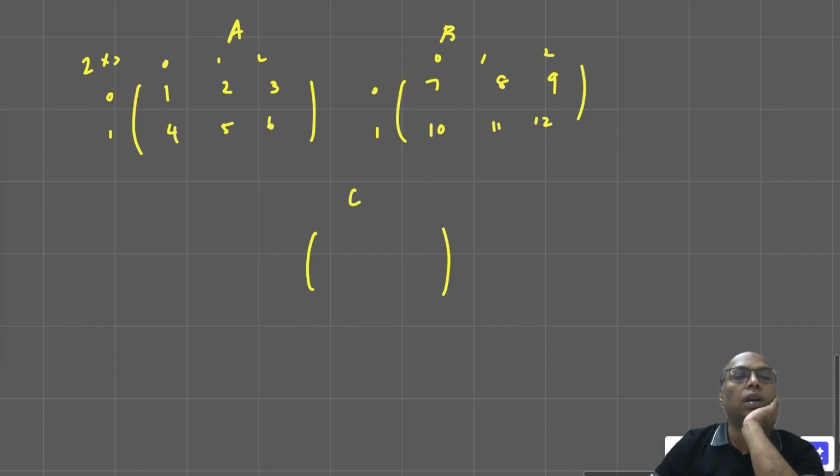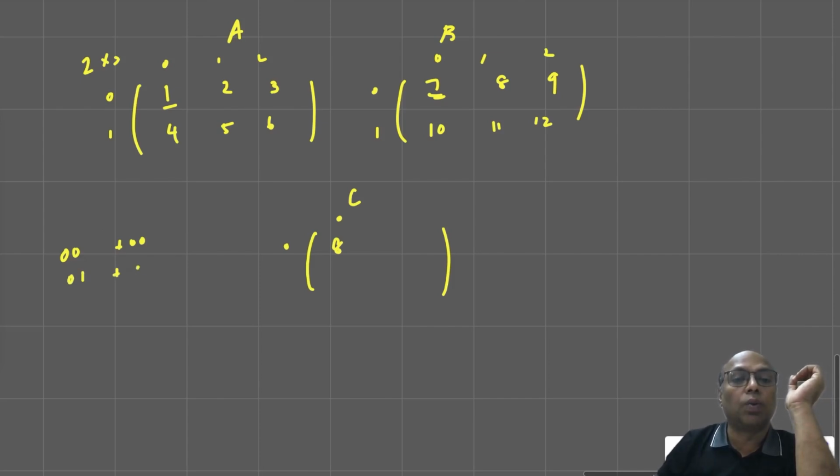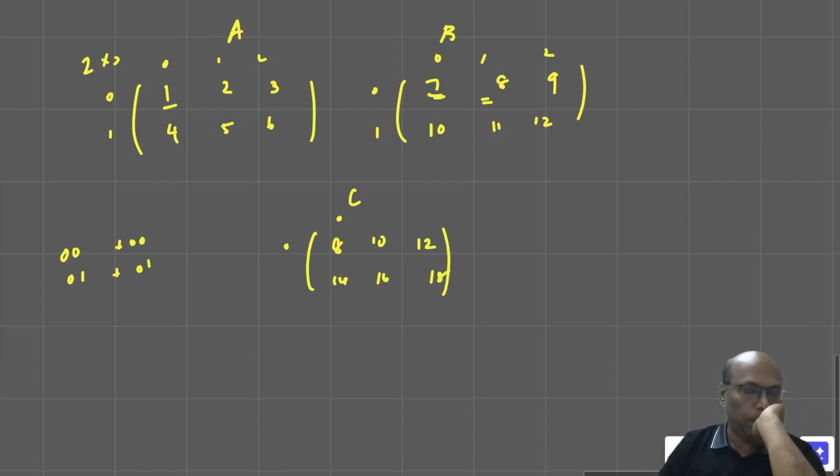A of 0, 0 needs to be added with B of 0, 0 and stored in 0, 0. 0, 1 needs to be added with 0, 1 and stored in what? 0, 1. 0, 2 needs to be added with 0, 2 and stored in 0, 2. 1, 0 needs to be added with what? 1, 0, 14. And then what? 16. And what? 18. Correct.